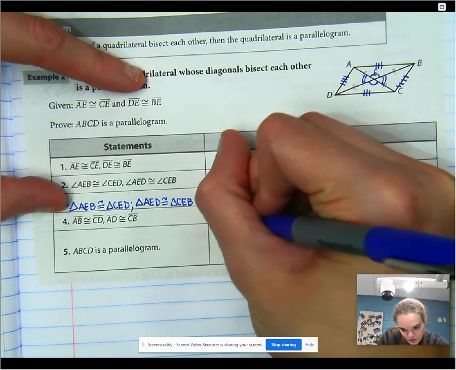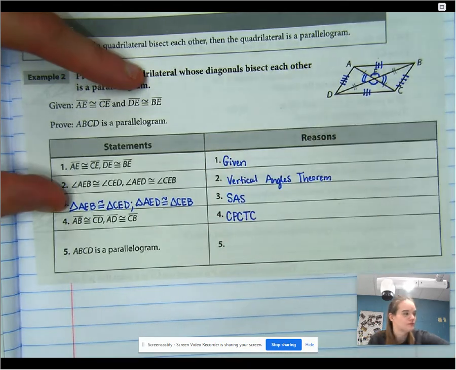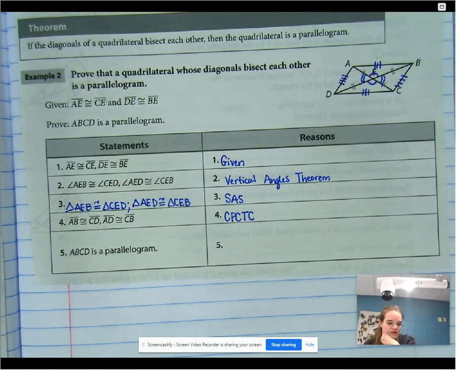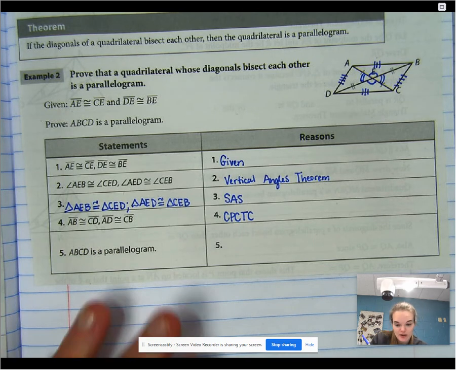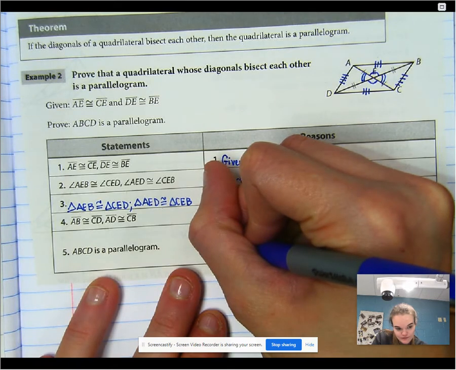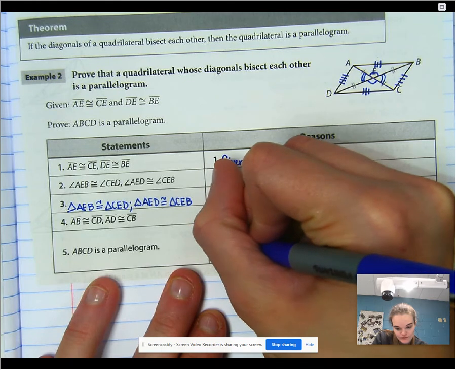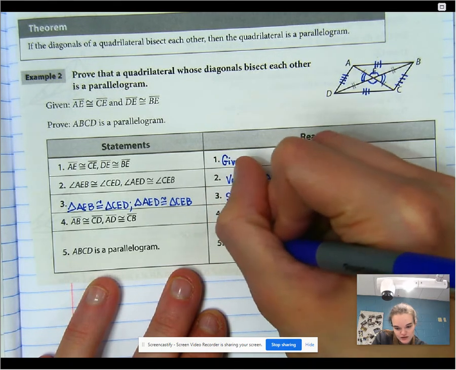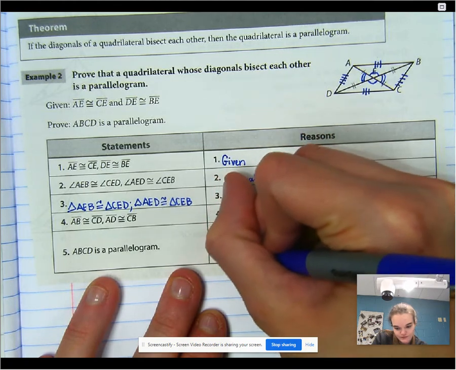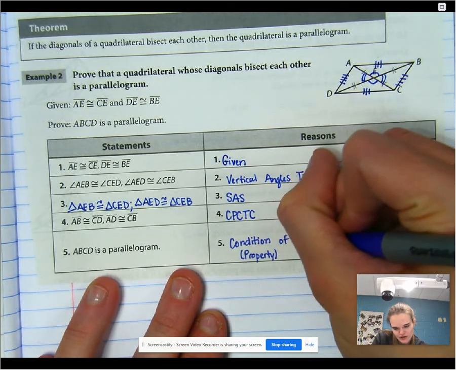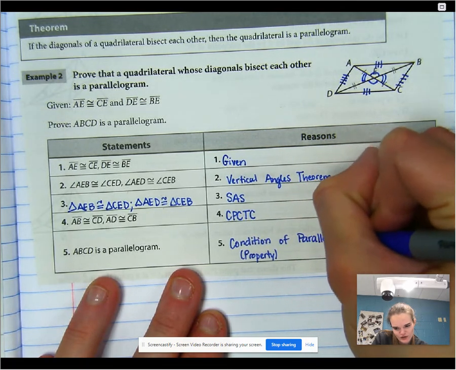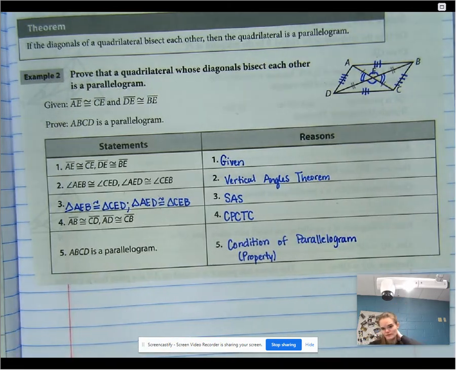And that is because they are corresponding parts of congruent triangles or figures. If you put F instead of T, that's fine. Then, since I have opposite sides of the quadrilateral congruent, I know that it is a parallelogram. That is a condition or property of parallelogram. It is not the definition, because that's only if you're saying something is parallel. Okay?